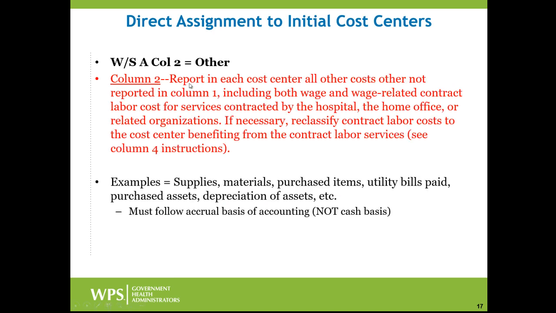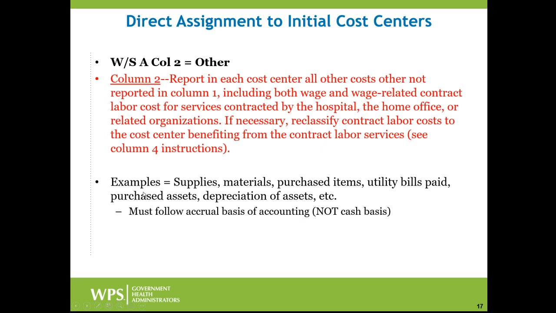And basically that's what column 2 says. Report in each cost center in column 2 all other costs not reported in column 1, including both wage and wage-related contract labor costs. That's a key thing. If you're not employing the labor and if you're contracting with them, then that should go in column 2.